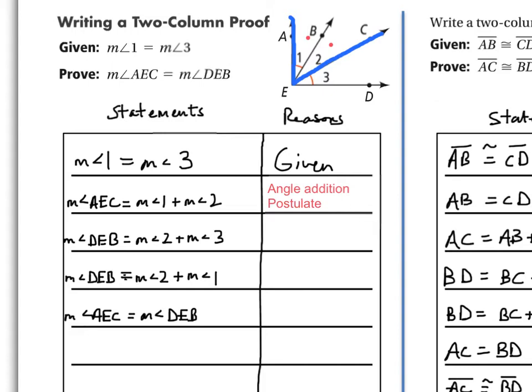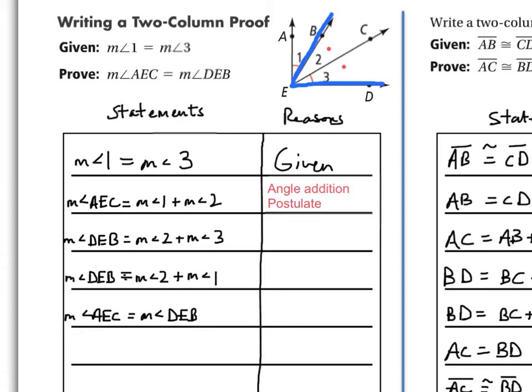Now, as I look at the picture again, in step 3 it says the measure of angle DEB is the measure of angle 2 plus the measure of angle 3. So again, I'm going to outline DEB. DEB comes along here and goes right here, and they're saying that angle 2 plus angle 3 is DEB.